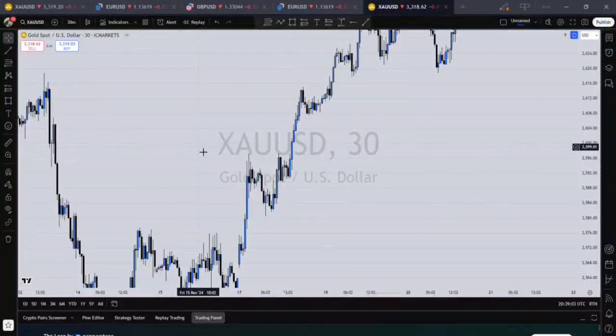But let me just give an example. If price breaks a demand, the second demand, you can go to a lower time frame if you want to look for entry to continue in the direction that price has broken to. Maybe we are in a downtrend, price now broke the second supply, and you now want to be buying.